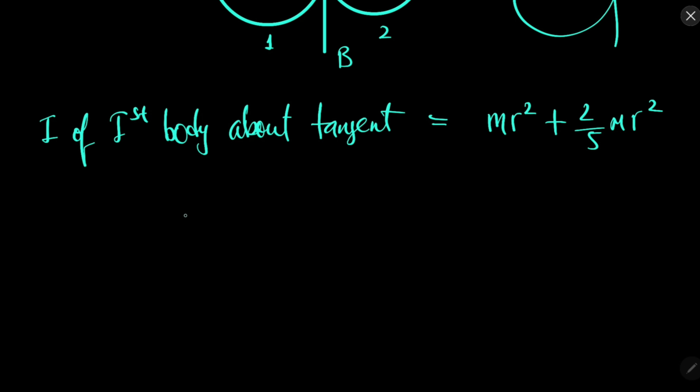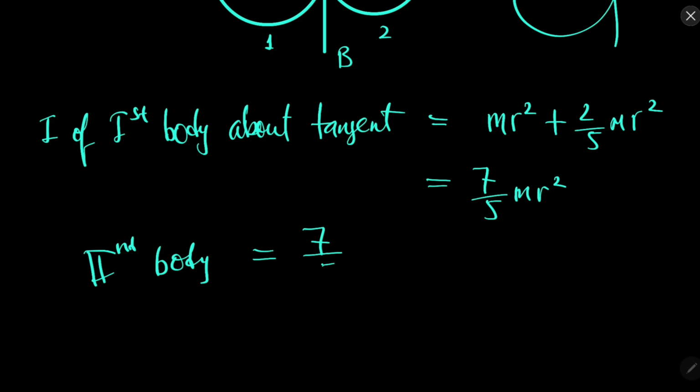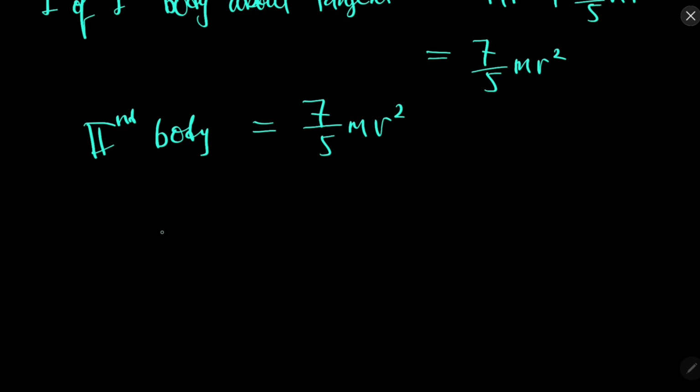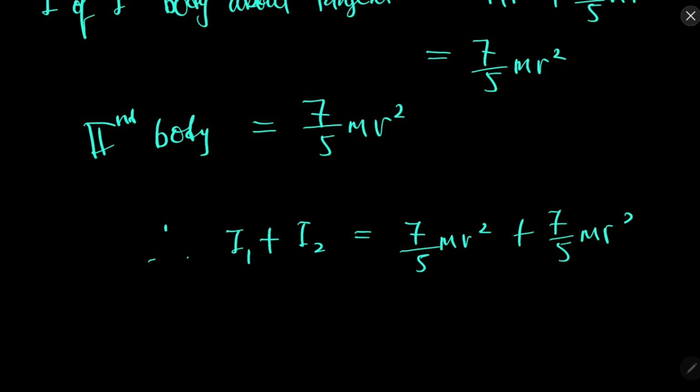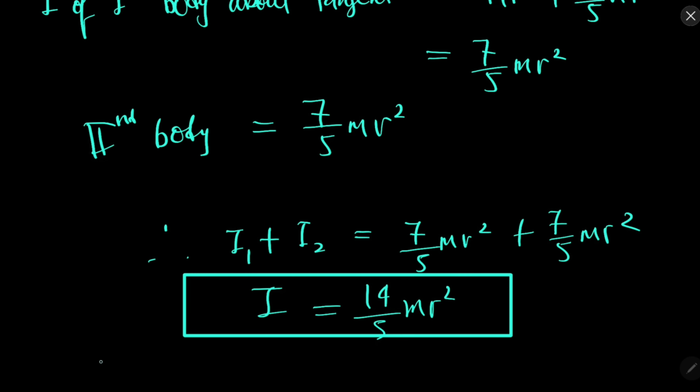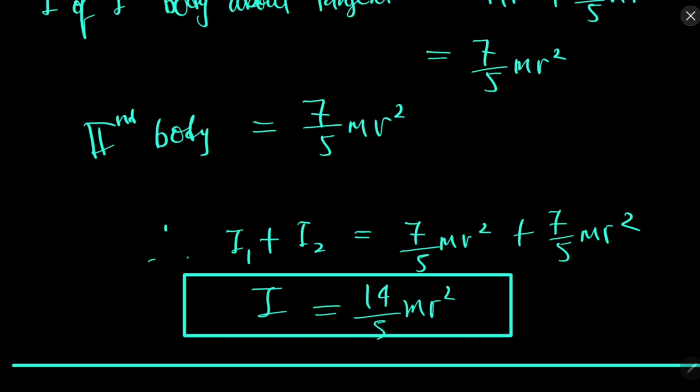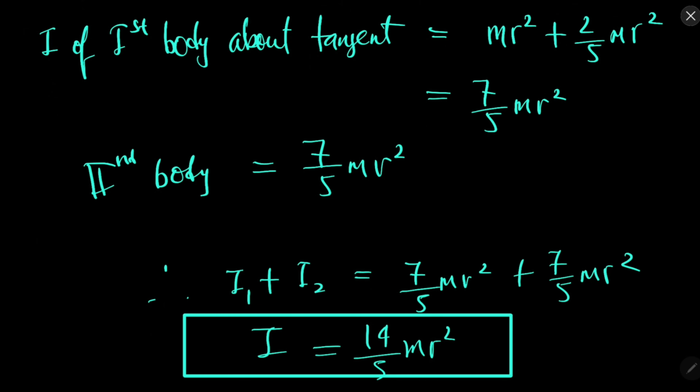Now it will give you 7 by 5 mr square, and similarly for the second body it will be the same, 7 by 5 mr square. So therefore overall will be 7 by 5 mr square plus 7 by 5 mr square, so it will give you 14 by 5 mr square total moment of inertia. So find the individual moments of inertia and then add them.